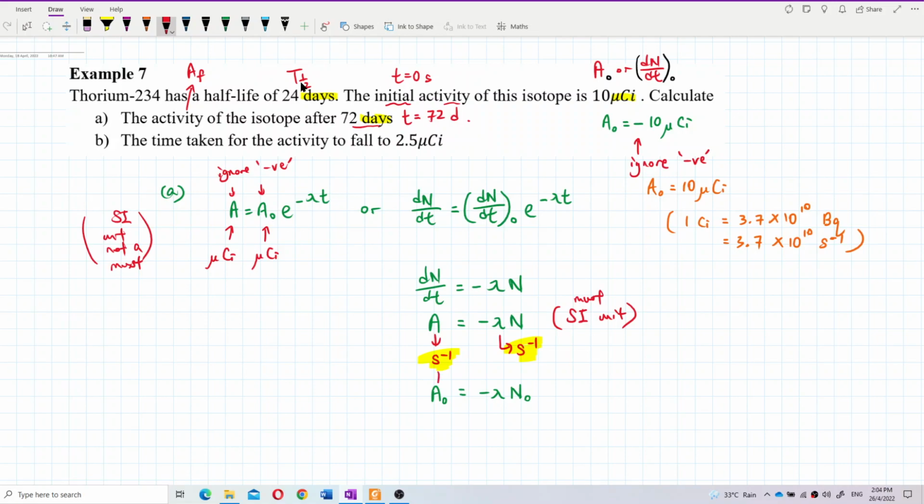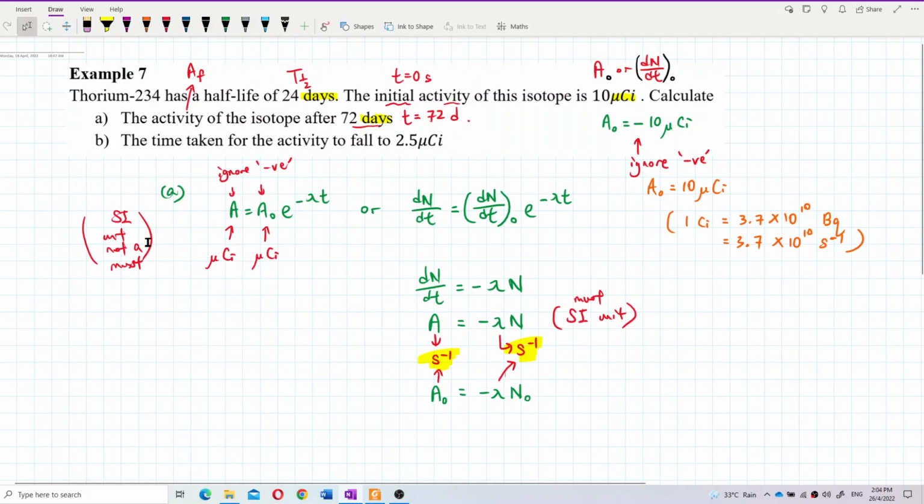So this one must be per second, because the lambda is per second. Because the lambda is per second, so the A naught must be in per second. But for this one, because A and A naught have the same unit, microcurie, it doesn't affect. I can leave it as microcurie.